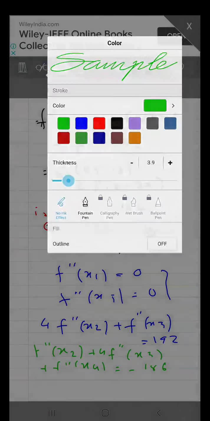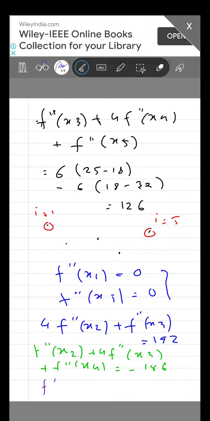Lastly, the third case: f double differentiation x3 plus 4 into double differentiation x4 is equal to 126.